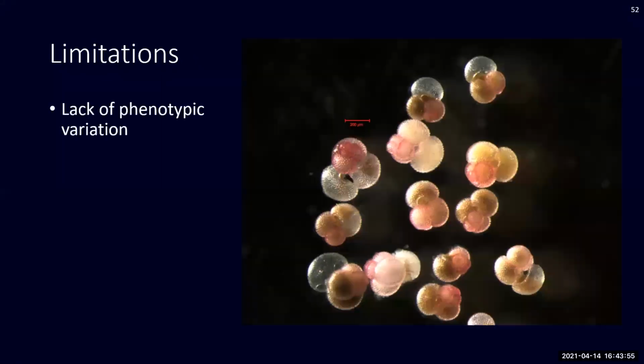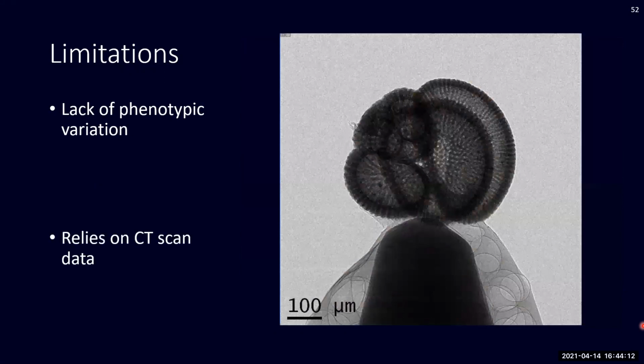I feel it's also important that I should acknowledge some of the limitations of the method. Forams present considerable phenotypic variation. So here you can see these forams are all the same species, but they're different shapes. And I didn't capture that in my work, partly due to time constraints, partly due to a lack of CT scan data, which brings me to my next point.